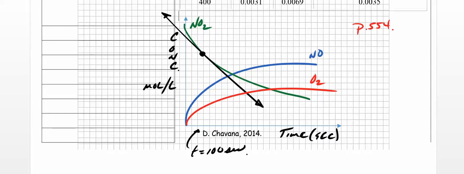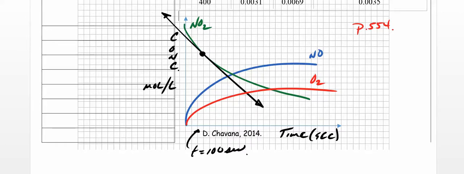My scale is not the same as the Zumdahl book, but at time t equal 100 seconds, I placed a tangent line. That tangent line tells me the instantaneous velocity or speed of the reaction at that point. That's the speed at which NO2 is changing at time equal 100 seconds.